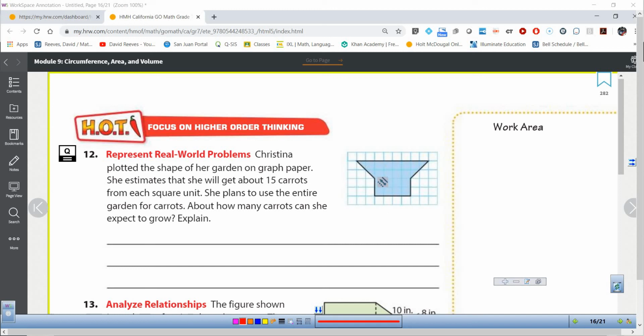I can go across like that, and if I went across like that, I'd have the area of a trapezoid plus the area of a rectangle. People sometimes struggle with finding the area of trapezoids, so maybe you want to do this instead. Sorry, that's kind of crooked. But right here, what do I have? I have a rectangle. It might even be a square if I look closely. And then two triangles added together.